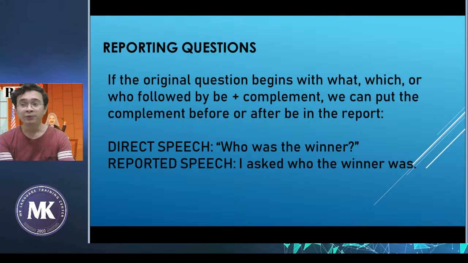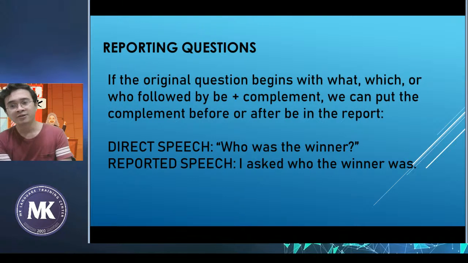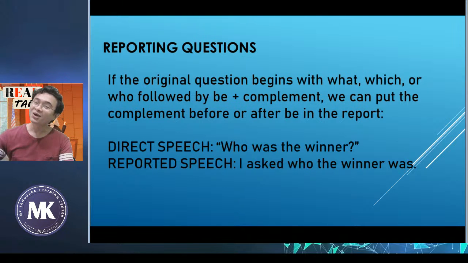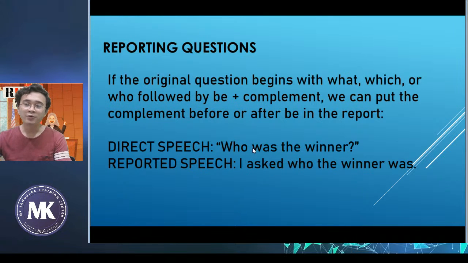So we can put the complement before or after be in the report. For example, the direct speech is, "Who was the winner?" Our sentence here starts with who, right? Followed by the be verb, was, and then followed by the winner. So the winner here is our complement. This one is a noun complement, because it complements the word who.